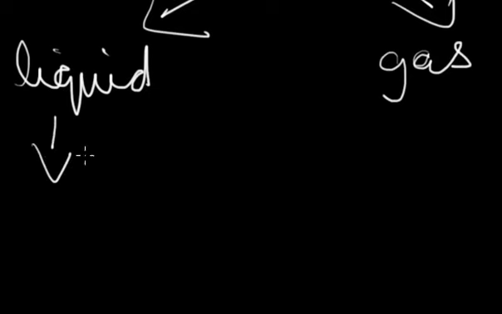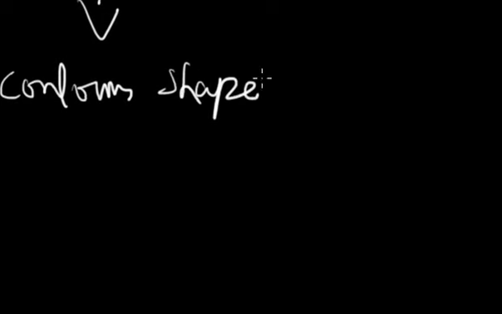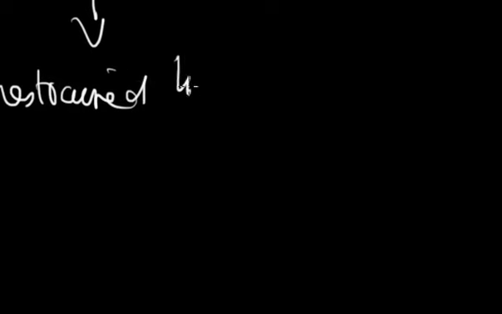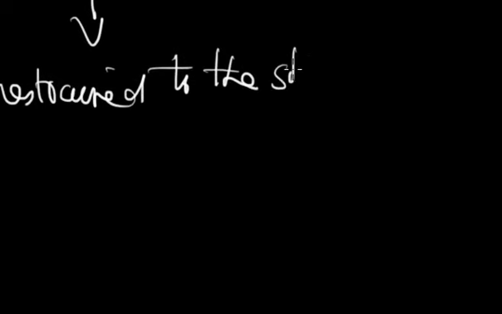The key difference is that whereas liquid, as I already stated at the beginning, conforms to the shape of the containing vessel, the gas isn't restrained to the shape of the vessel.